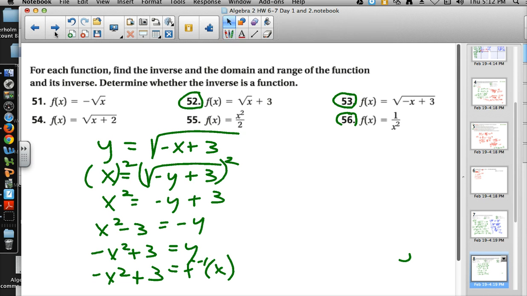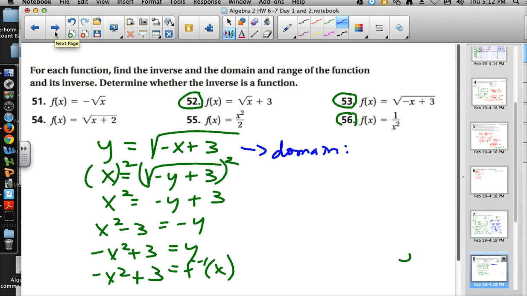All right, so back to domain and range. And I notice I have that negative x in front, so let's think through this like we did the other one. So normally we'd say, hey, our cutoff is going to be 3, and we put greater than or equal to 3. But there's a negative in front of there.